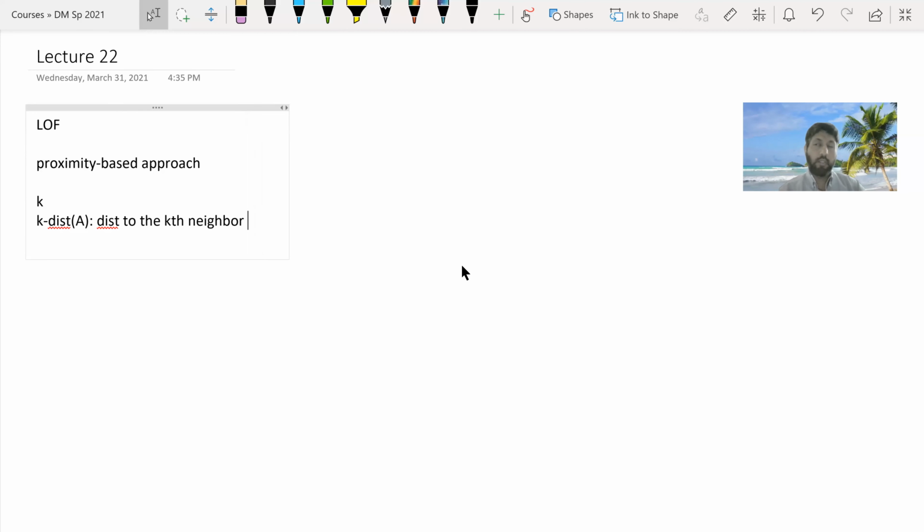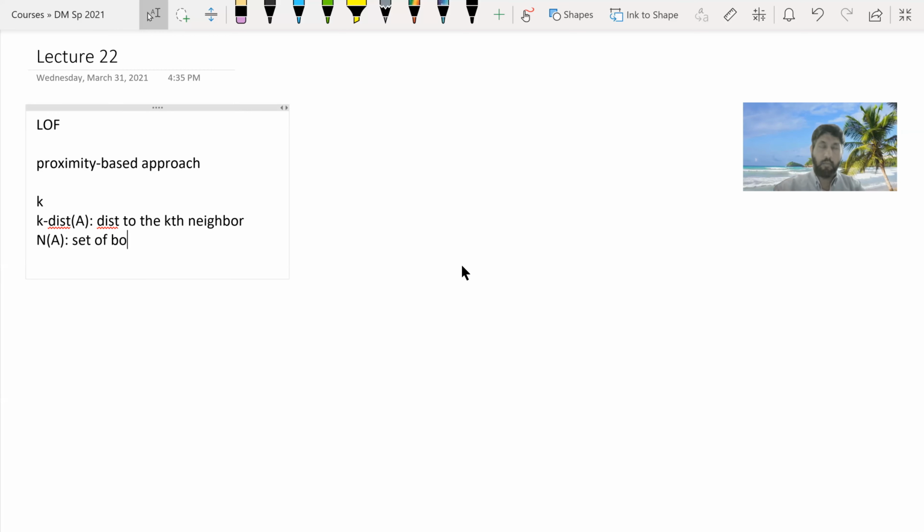So if K is 3, we find the distance to the third closest point to A, and that distance is called the K distance. And that basically forms the radius around the object A, in some hyperspace, depending on how A is represented, and that defines the neighborhood around A. And all the objects in the neighborhood of A form a set.